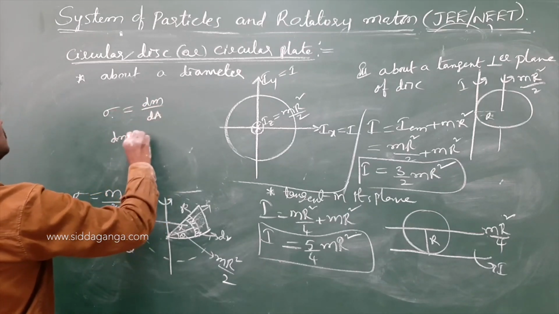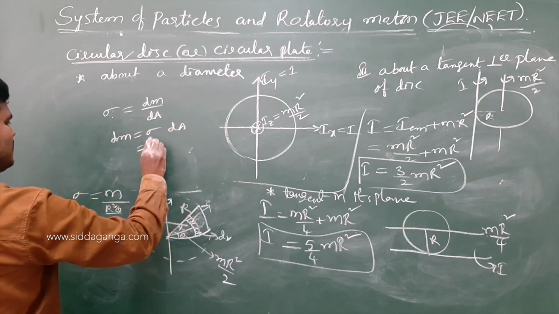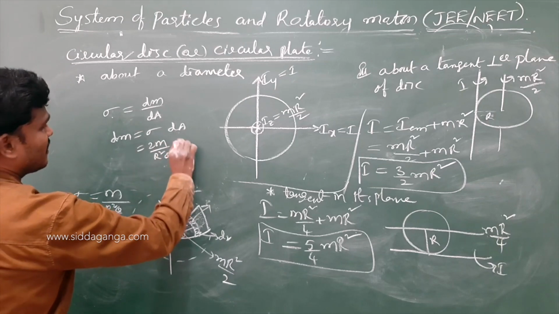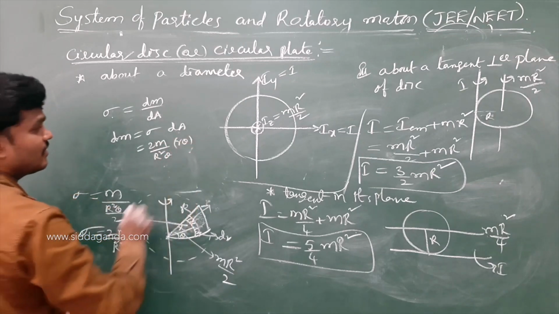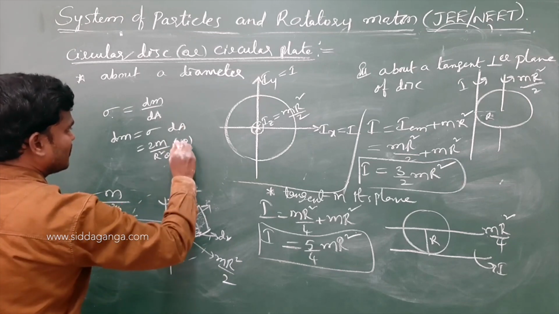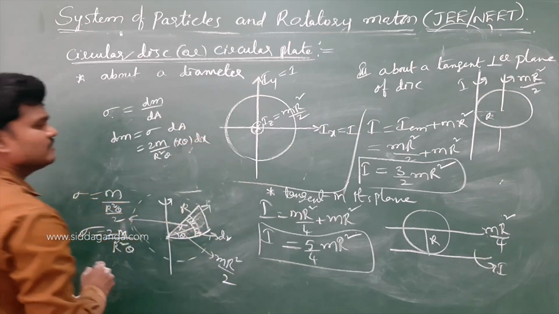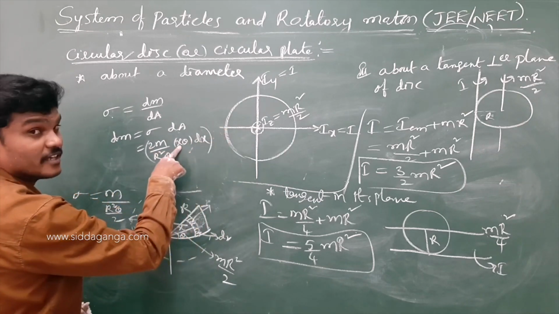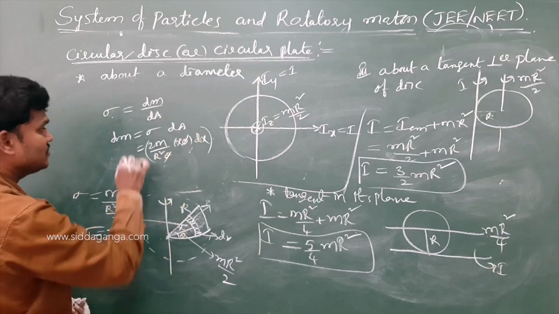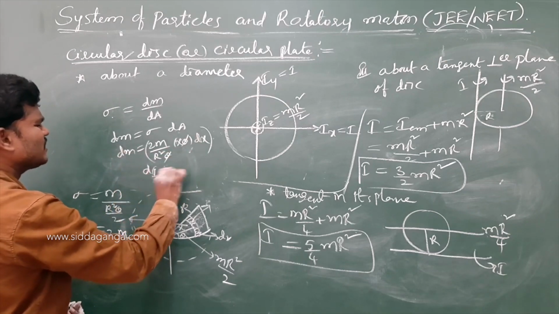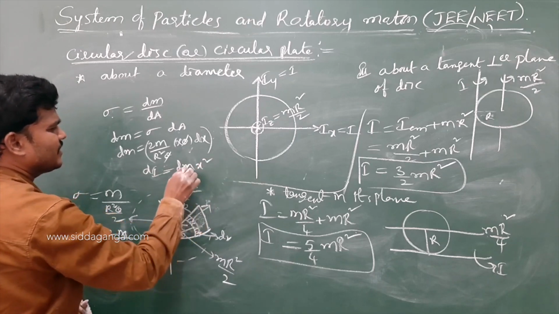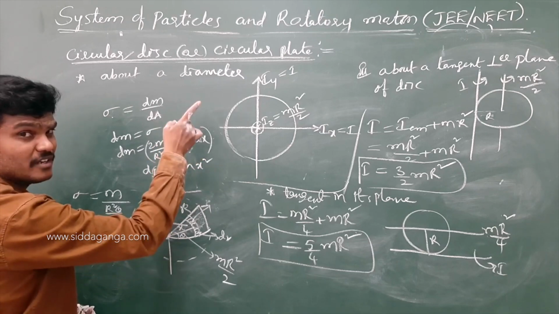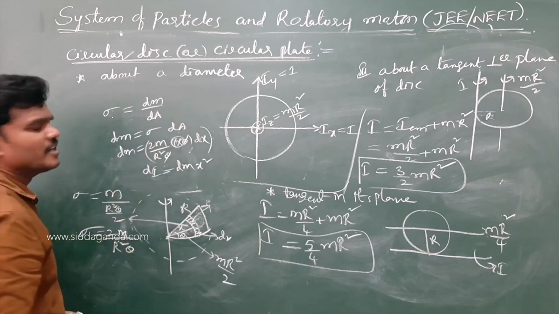So dm equals sigma dA, where sigma is 2m by r square theta and dA is the arc length x theta into dx. Multiply by x square: in dm one x is there, here one x square is there, so x cube. Apply the limits 0 to r. Integrating x cube gives x power 4 by 4, and we will get the answer.